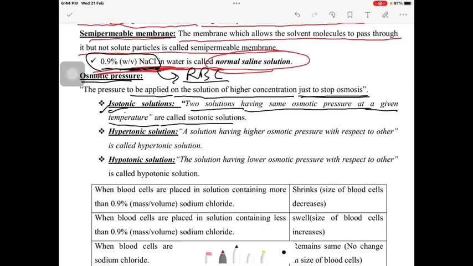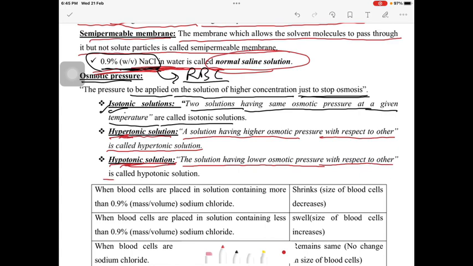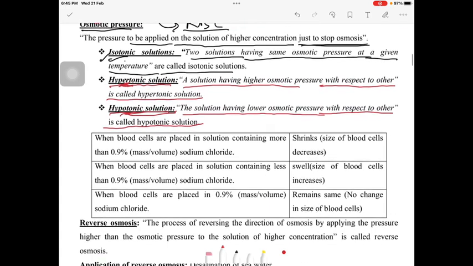Solutions are classified into two types: hypertonic and hypotonic. A solution having higher osmotic pressure with respect to another is called hypertonic solution. A solution having lower osmotic pressure with respect to another is called hypotonic solution.